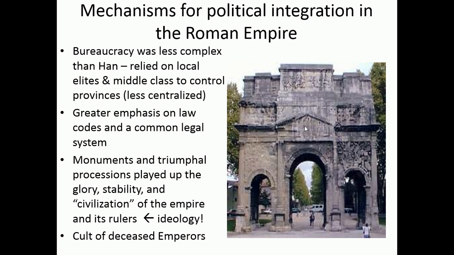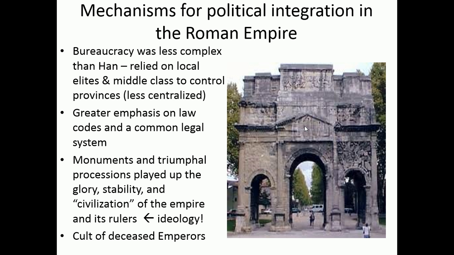So whatever your local law had been was usually kind of overlaid with the common legal code of Rome, but the people who were actually administering that law were still your local elites that had been in power before they were conquered by Rome. So it's a much more relaxed and less centralized way to run a bureaucracy, which is a really significant point between these two.